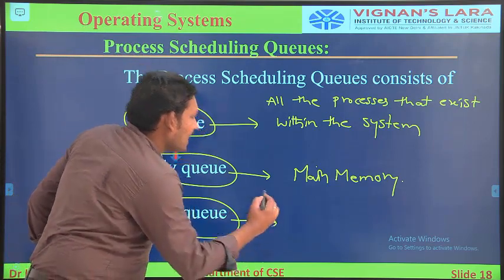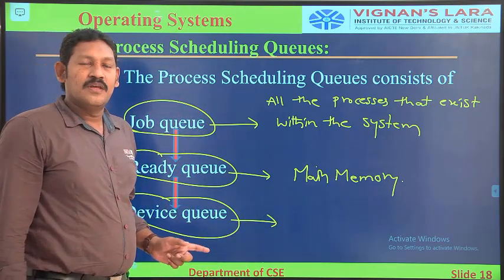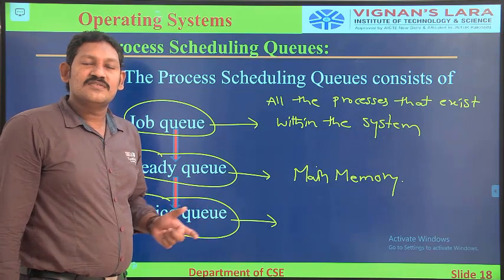Coming to the device queue, what processes will be there?